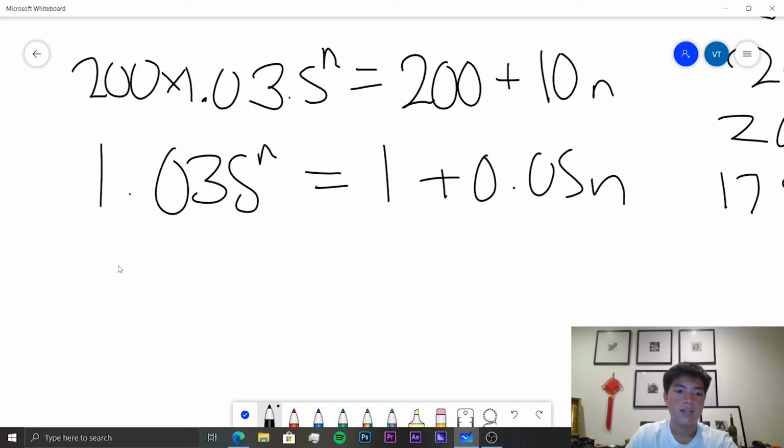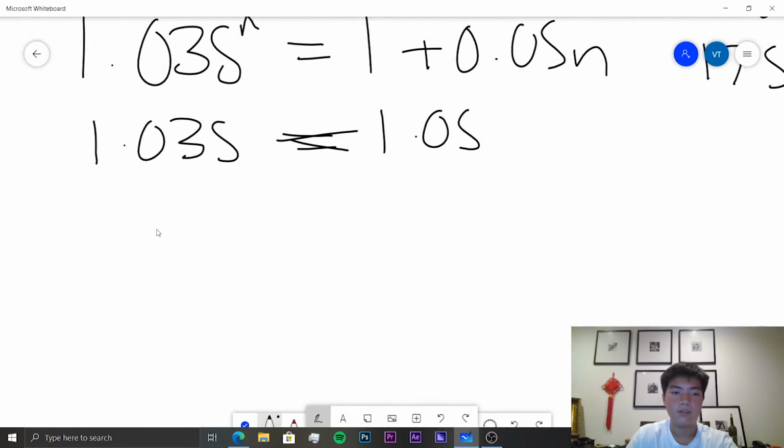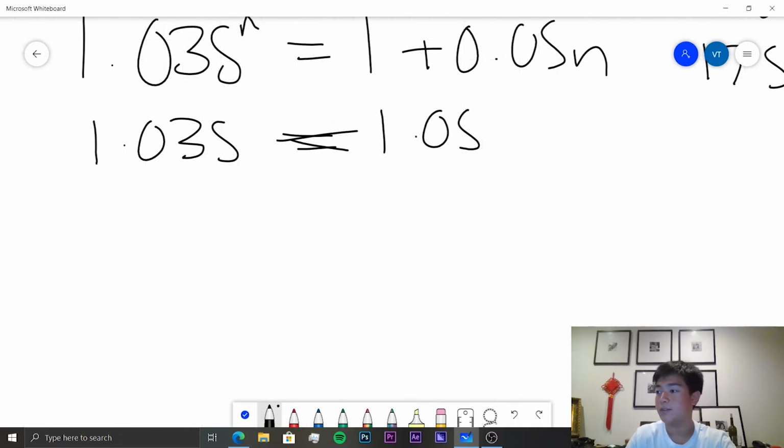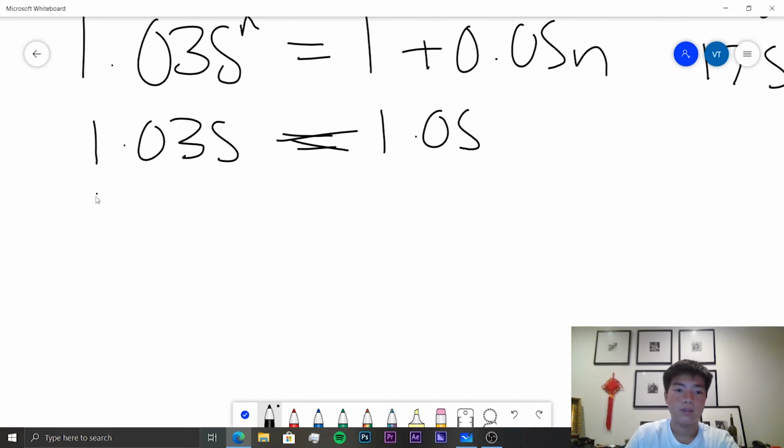So when n equals 1, we have 1.035 is equal to 1.05. Of course, it's not. When n is equal to 2, we have 1.035 squared, so that's 1.071, which is still less than 1.1.